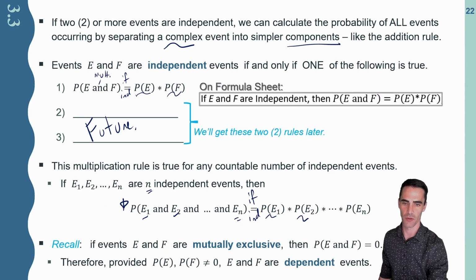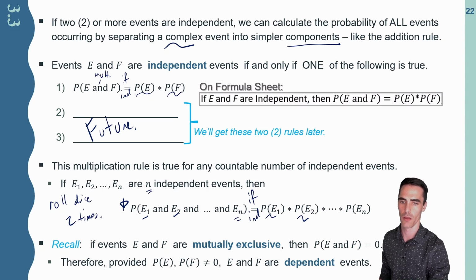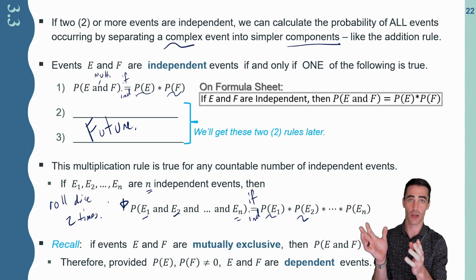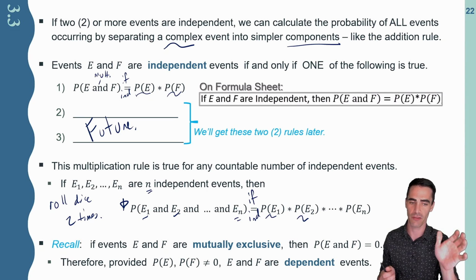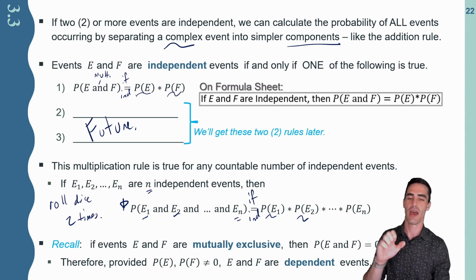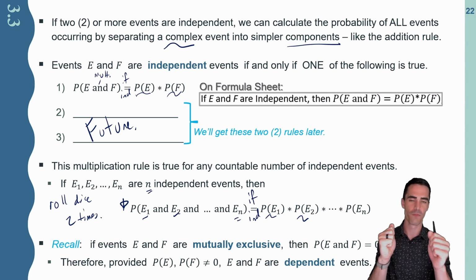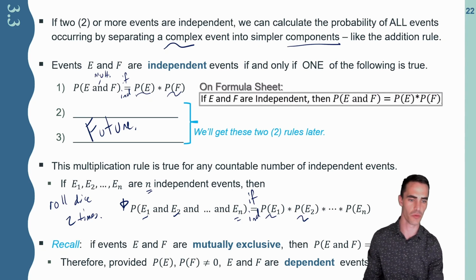A classic example is, let's say I'm rolling a dice 2 times. Well, since me picking up a dice and rolling it is independent, I start afresh every time. Instead of looking at these 2 rolls as a whole, I can separate and look at each roll independently of each other. And so that's the beauty of this independence rule.